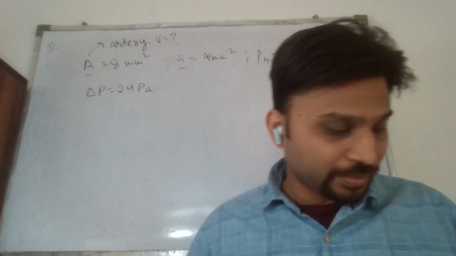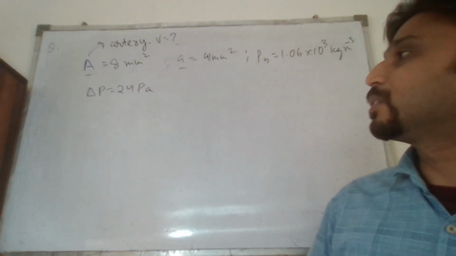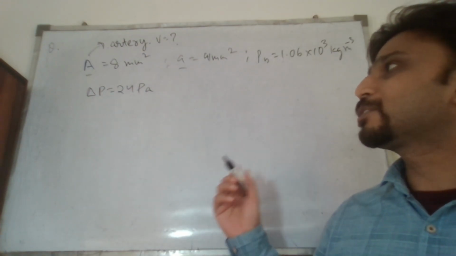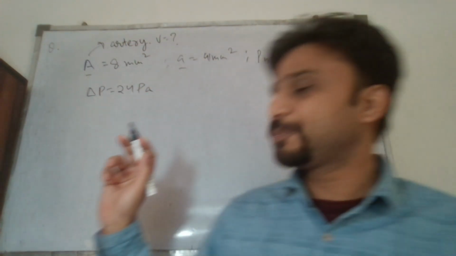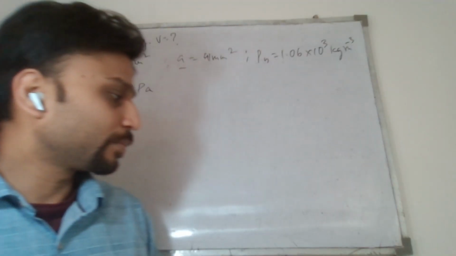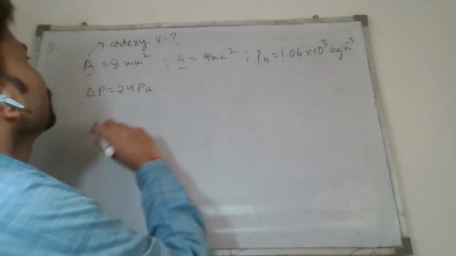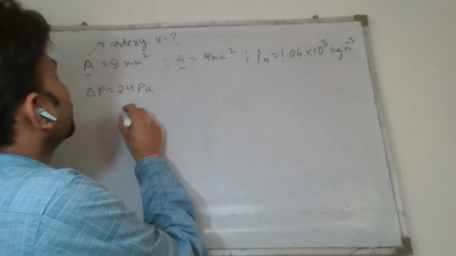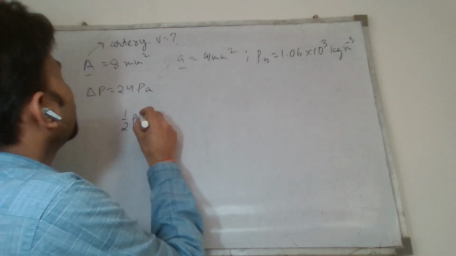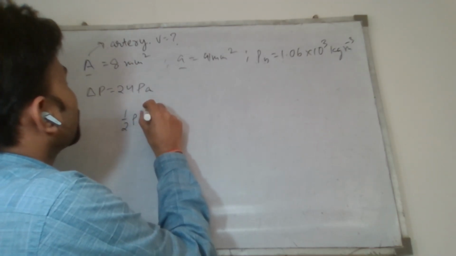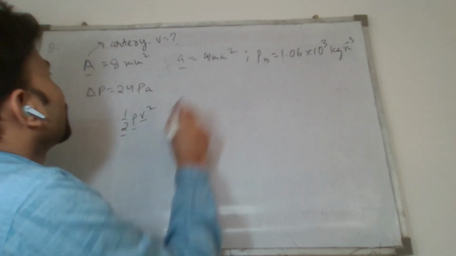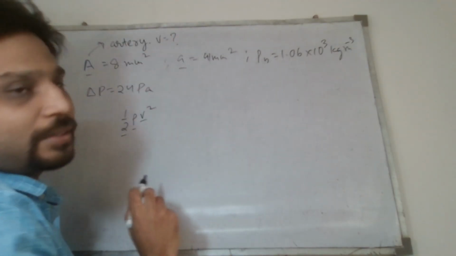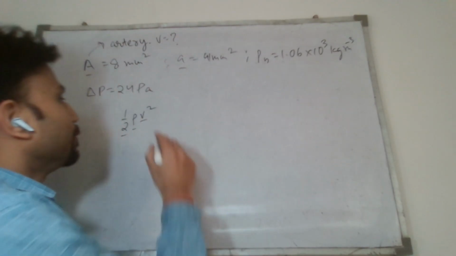So next, we have to find the speed of the blood in the artery. So half rho v square. Let's say that is the speed of the blood in the artery. I have written the kinetic energy term, right?